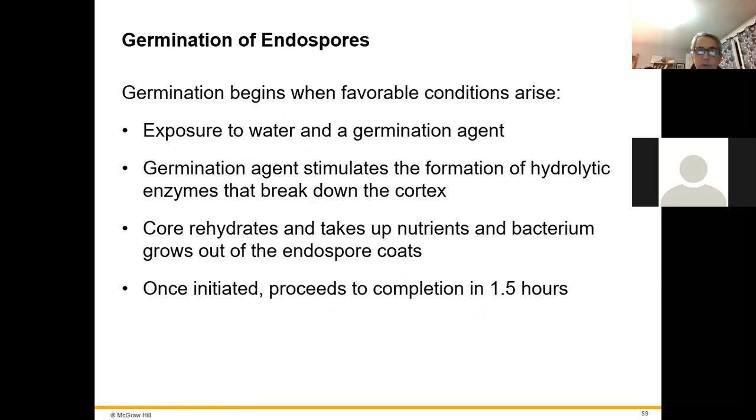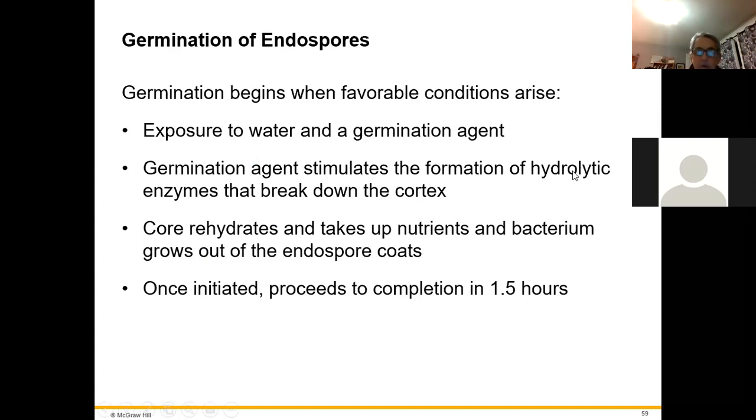Germination begins for the spore under favorable conditions: exposure to water and a germination agent. The germination agent stimulates the formation of hydrolytic enzymes, enzymes that carry out hydrolysis. What they do is add a water molecule to break bonds.